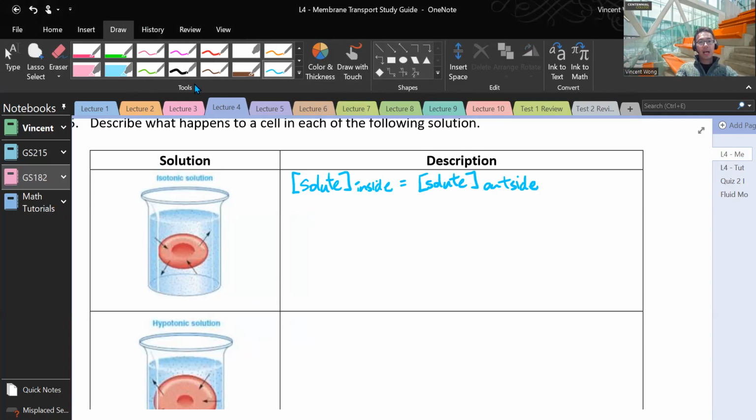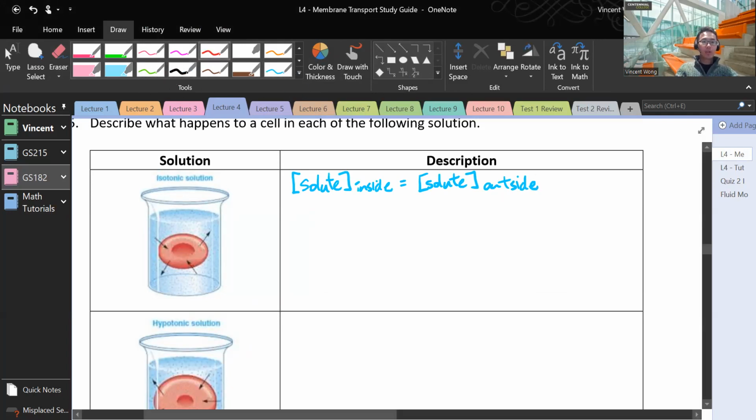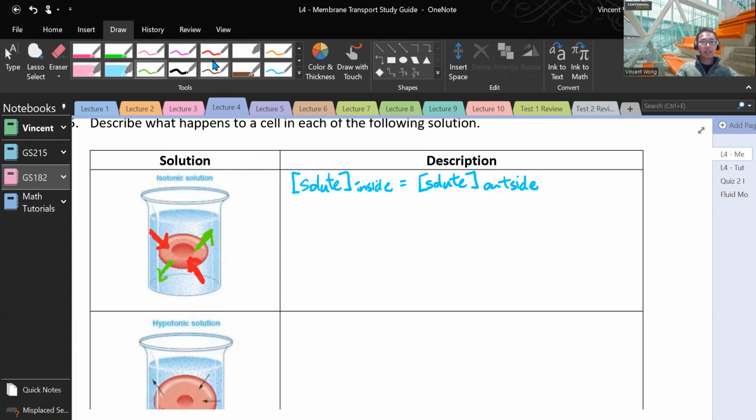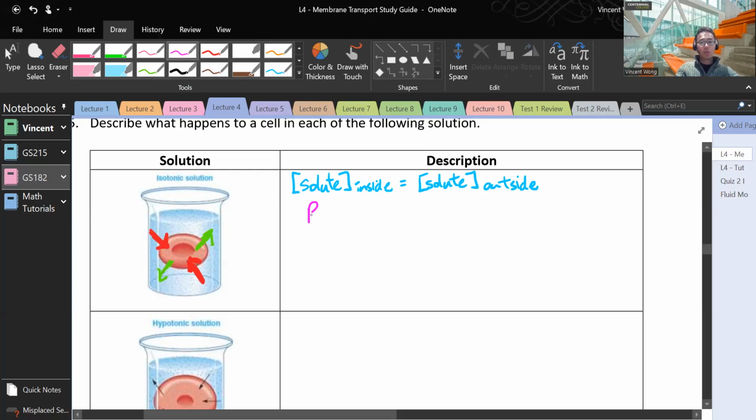And because there's no difference in concentration, the rate at which the water enters the cell will equal the rate at which water exits the cell. So rate in, the water coming in, equals the rate of water going out.